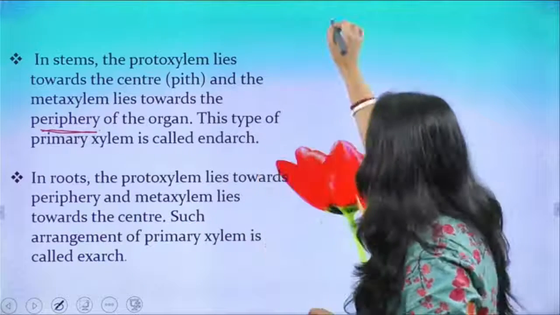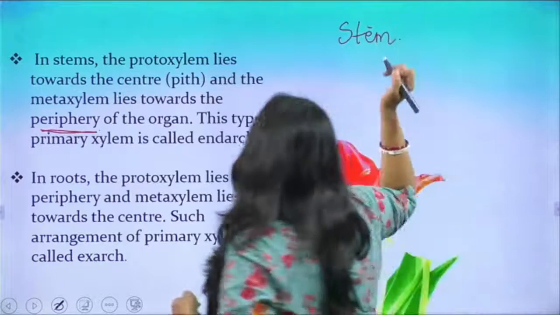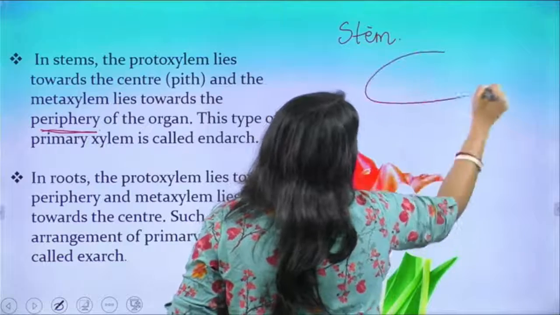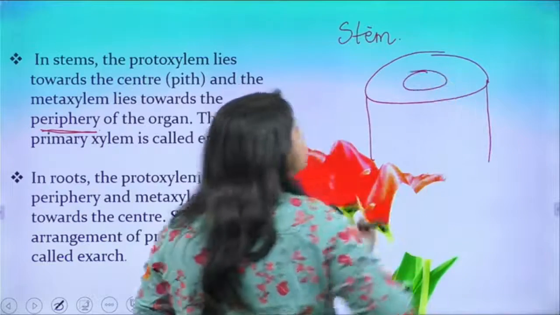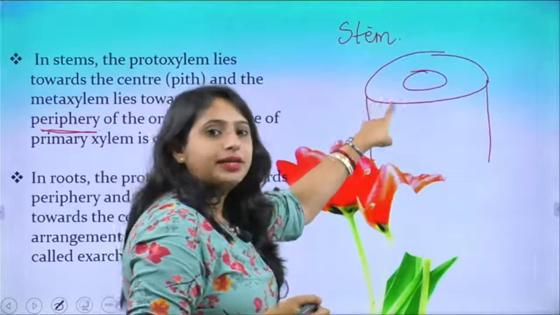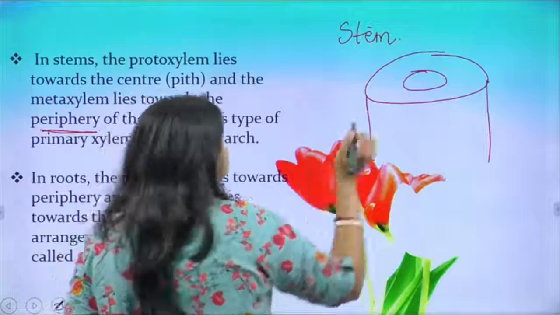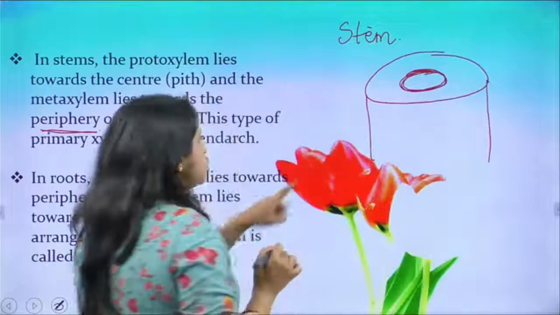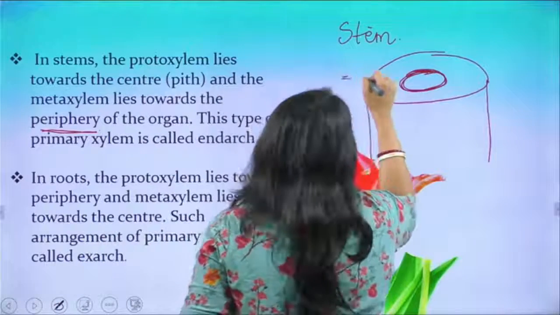So if I draw here, in case of the stem, if this is the stem, this is your metaxylem. And this is your protoxylem. Where does the protoxylem lie? It lies in the center, that is the pith.